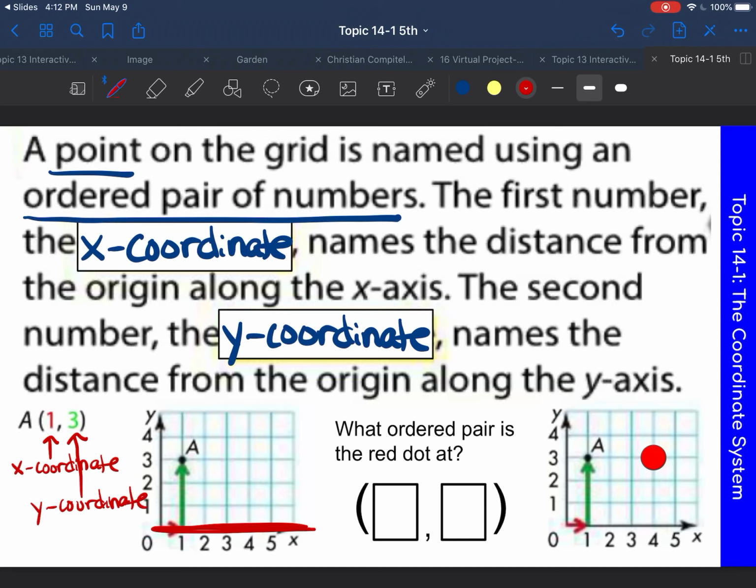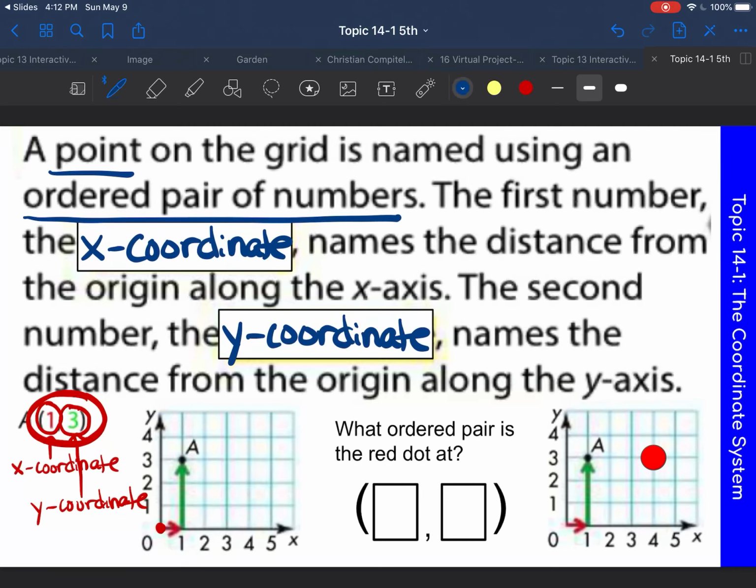The first number in an ordered pair always stands for the x, and the second number always stands for the y. A little trick to remember that: think about the alphabet. X always comes before y in the alphabet. So right here we have the ordered pair 1, 3. You always start at the origin no matter what.